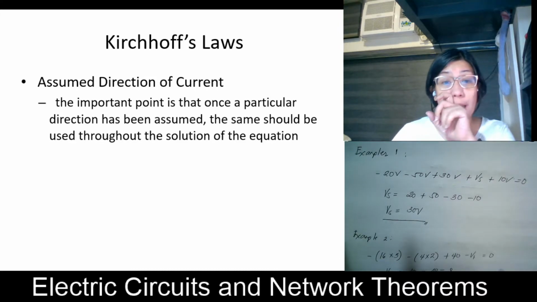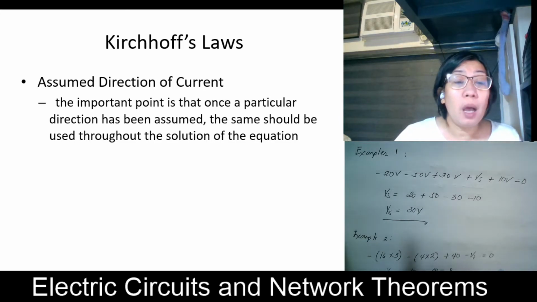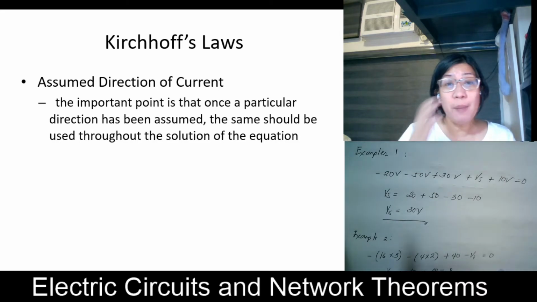So we have here how to assume the proper direction of current. It's either clockwise or counterclockwise. If the assumed direction is not the actual direction, all you can get is a correct numerical answer with a minus sign. Okay? For EMFs, capacitance and inductance can store charges.